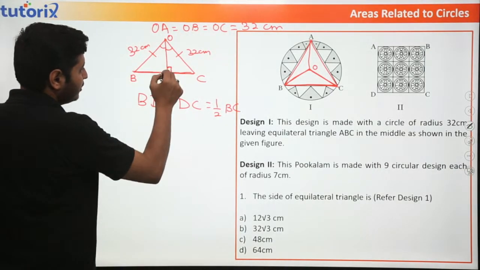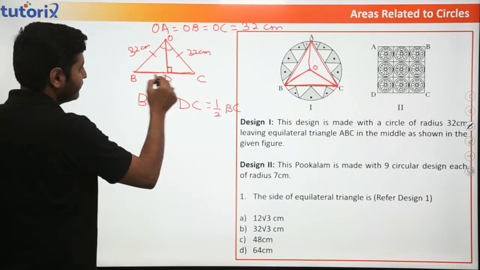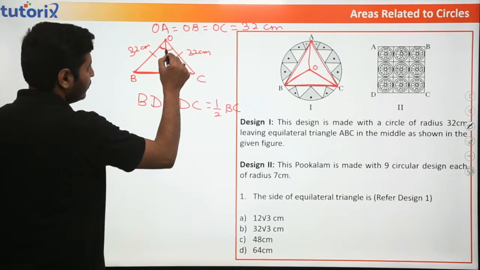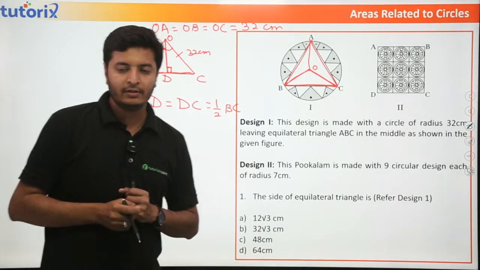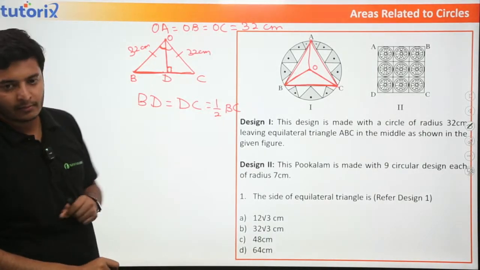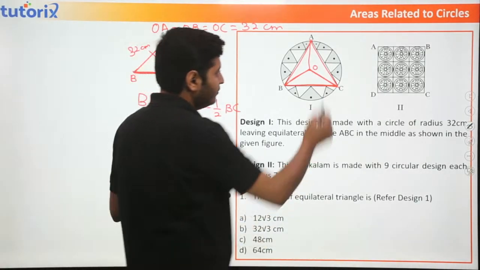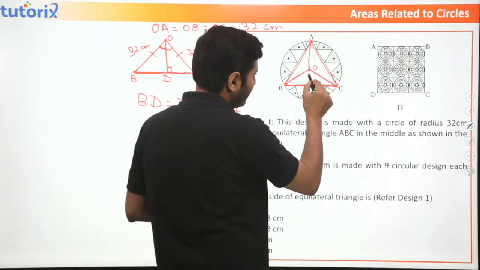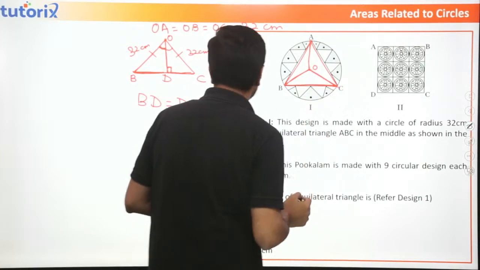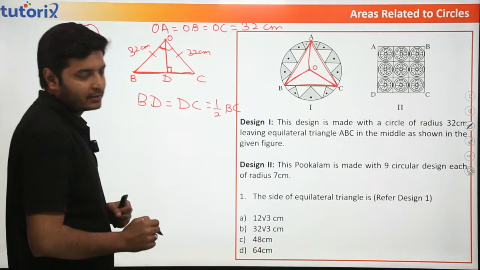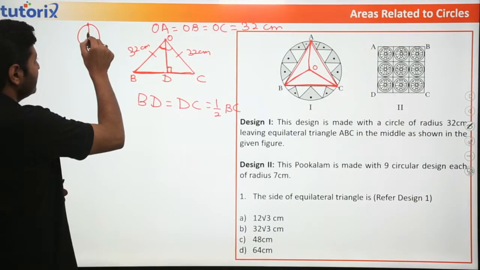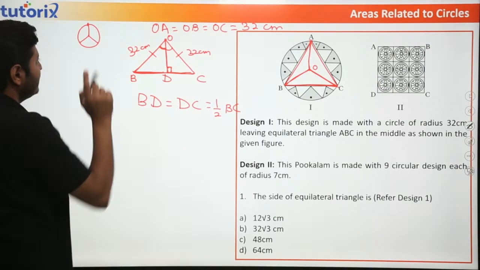Look at this triangle OBD. What is the value of this angle? What is the value of this angle? If I'm looking here, then I can see this is the center. The whole rotation is 360 degree, but this 360 degree is divided in 3 equal parts.